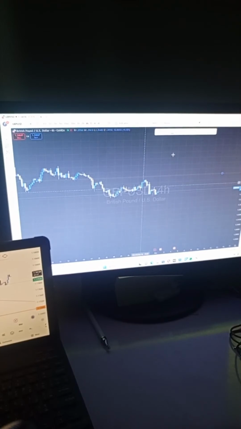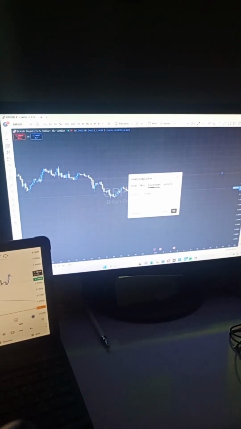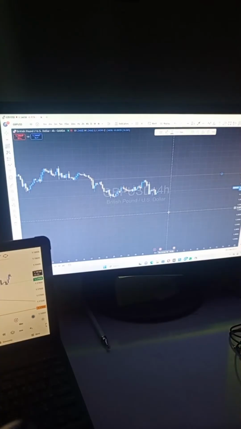1.36000. And I want you to see how price reacts around that point every time price gets there. And the distance between two key levels is always 100 pips. So take advantage, master this, and it's going to make your trading very easy.